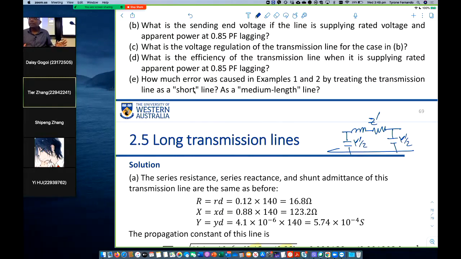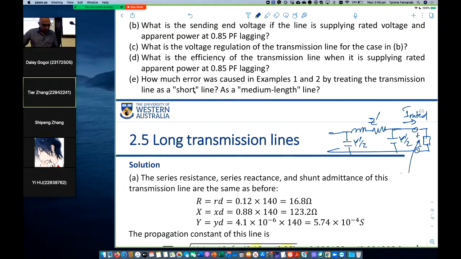Now we have a load connected here at the receiving end. We've been told rated current flows here, I rated. It didn't say it in exactly those terms, but it said it's providing the rated apparent power at the rated voltage. So the receiving end voltage is a rated voltage.